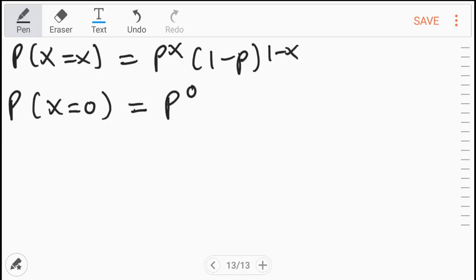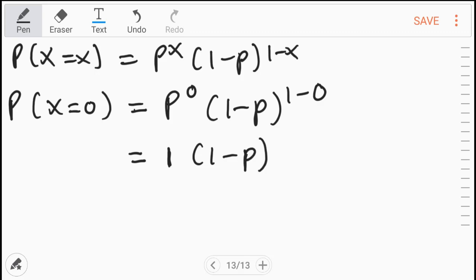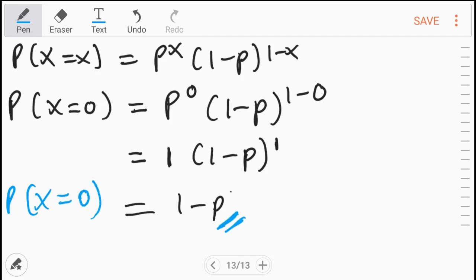So p to the power 0, 1 minus p, 1 minus 0. p to the power 0 is 1, and 1 minus p to the power 1 minus 0 is 1 minus p. So the probability of x equal to 0 gives us 1 minus p.